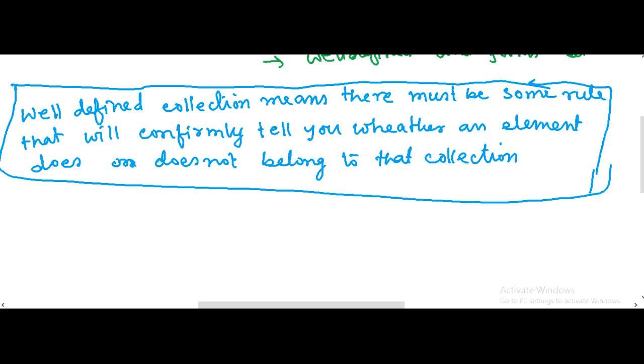Now take another example. Consider the collection of letters present in the word apple.